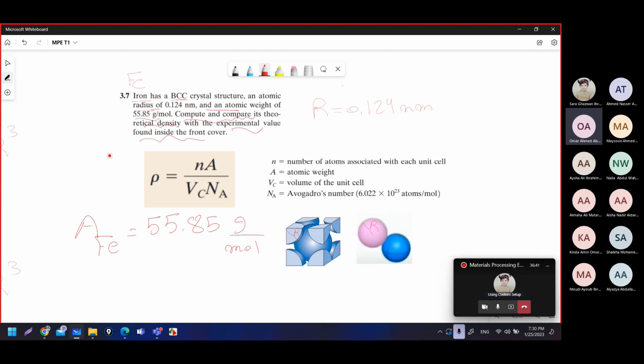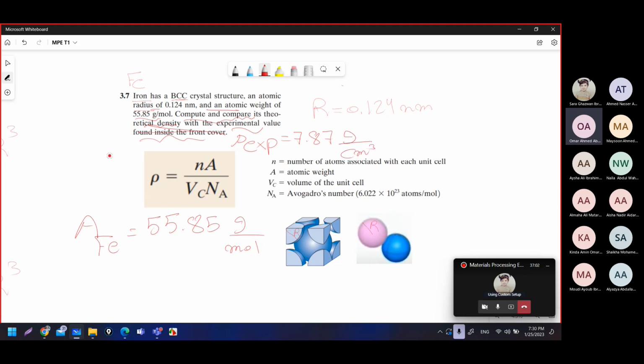Let's ignore this sentence. Usually you will be given the experimental value in the question in the exam or in the midterm. So let's say that the experimental value for the density, rho experimental, is equal to 7.87 gram per centimeter cubed.